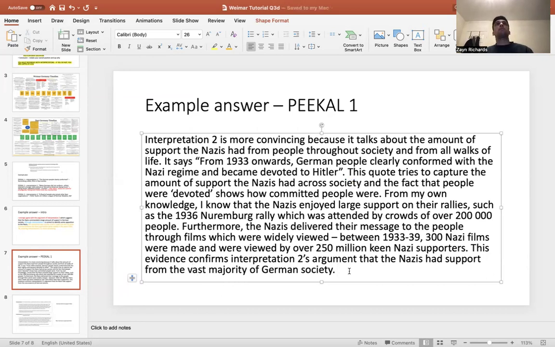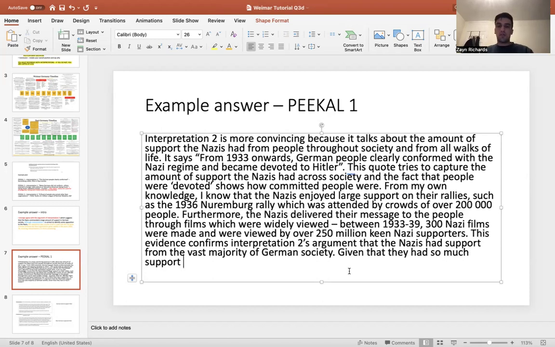Okay, I'm then going to do my analysis, but because I kind of agree, it's going to be a little bit easier to do the analysis here. So I'm going to say, given that they had so much support, this interpretation is more convincing than interpretation 1.